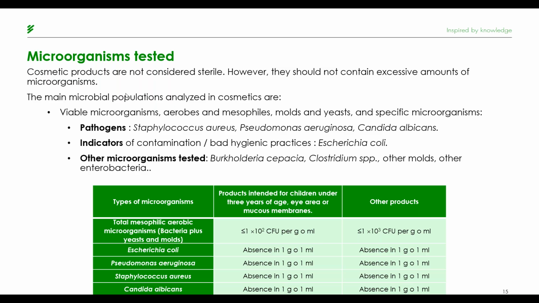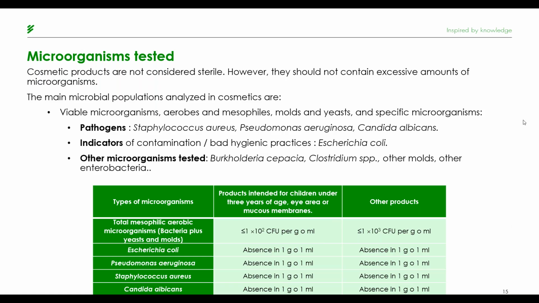The main microorganisms tested in cosmetics are viable microorganisms, such as aerobes and mesophiles, molds and yeast, and specific microorganisms, such as pathogens like Staphylococcus aureus, Pseudomonas aeruginosa, and Candida albicans, indicators of contamination and bad hygienic practices during the manufacturing process, such as E. coli, and other microorganisms that are not collected in the ISO standards, but are of increasing importance in the industry, such as Burkholderia cepacia, bacteria of the genera Clostridium, other molds, and other enterobacteria.